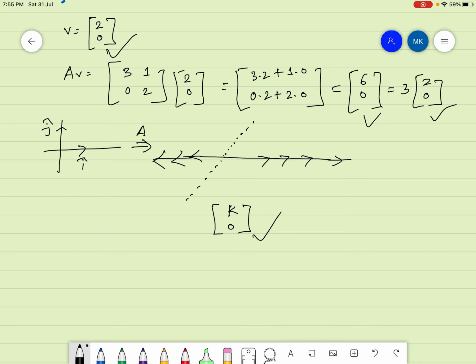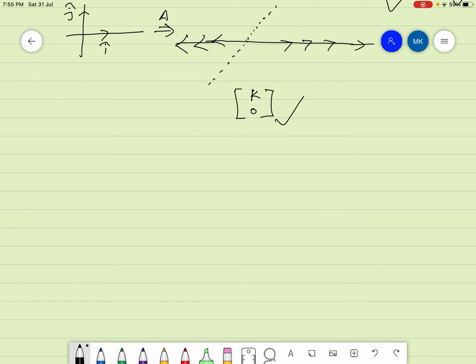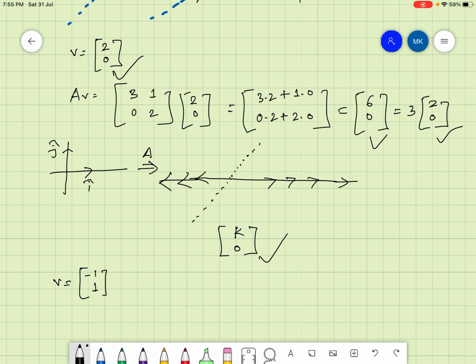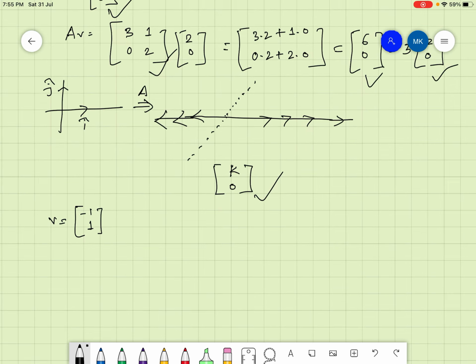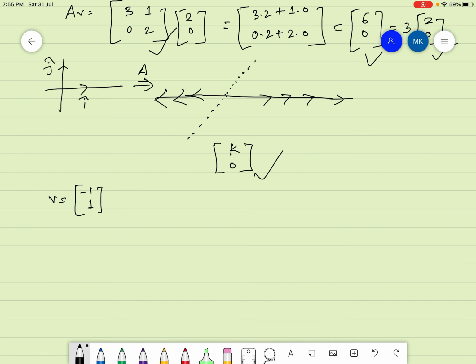There can be another example, that is -1 1. If this is the vector, then by multiplying with this matrix, the span wouldn't change. It will only get stretched by some factor. Do it yourself.